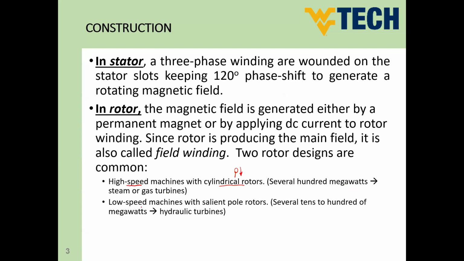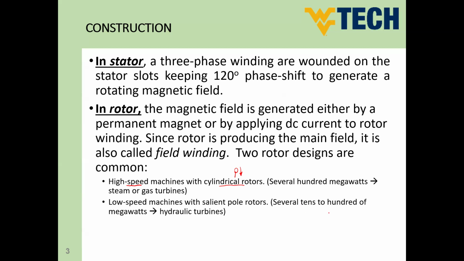And the salient pole type is used with low speed machines with salient pole rotors, and it has several tens of megawatts. It's not that high a rating, like what we have in several tens to 100.